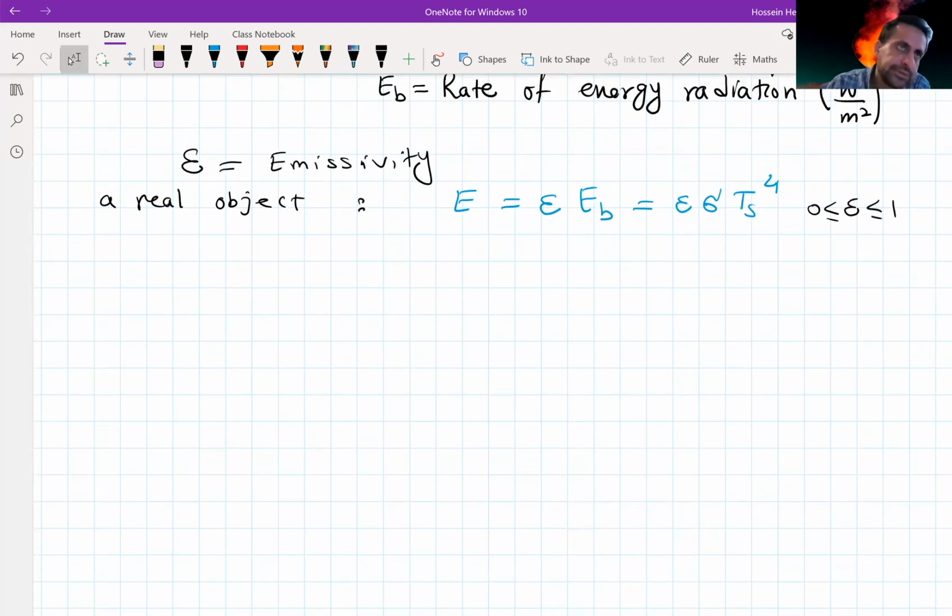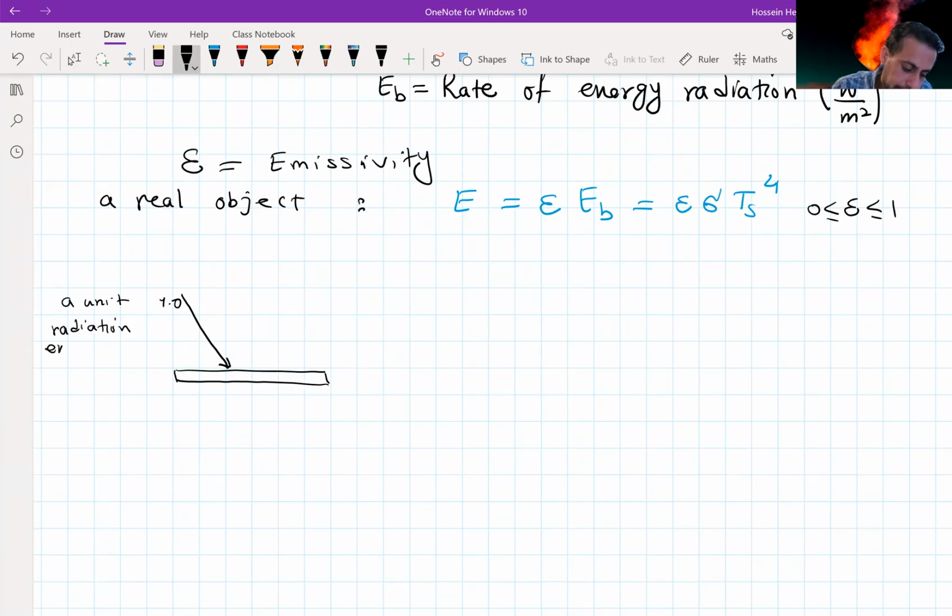Now, let's put it in this way, we have this object, and there is a unit, I'm just going to put it as 1, a unit of radiation energy coming to an object.